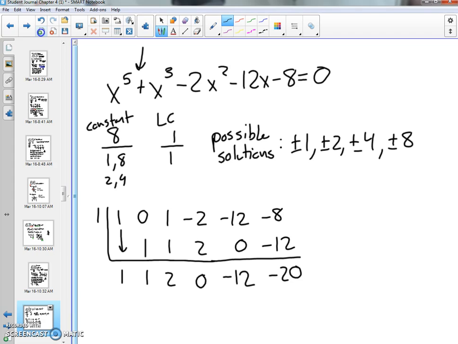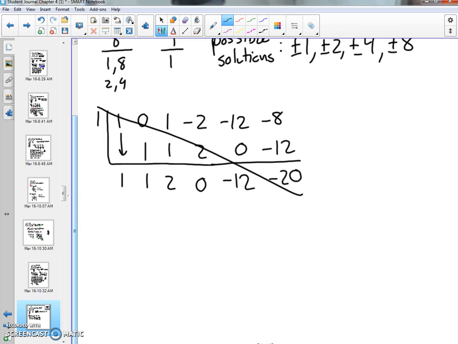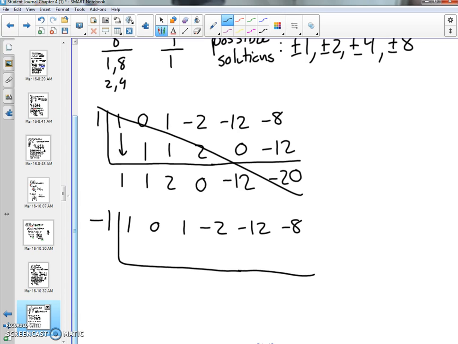So I do not get a remainder of 0, so 1 did not work. That's fine. Let's just try something else. Let's try, or no, negative 1. So negative 1. So I would have 1, negative 1.